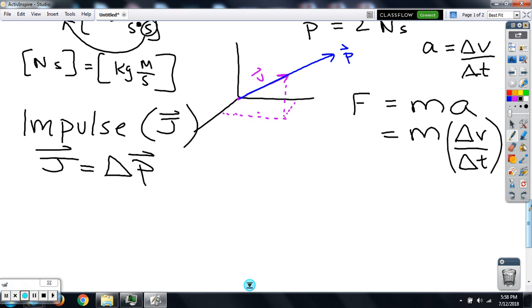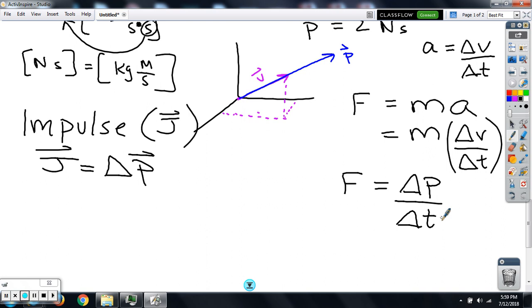so something is changing here. If the velocity is changing, it's speeding up, it's slowing down, it's changing direction, but we're assuming that the mass isn't changing. If the mass isn't changing, then m times delta v is just the change in the momentum. So we could rewrite F equals ma as F equals the change in momentum over the change in time.